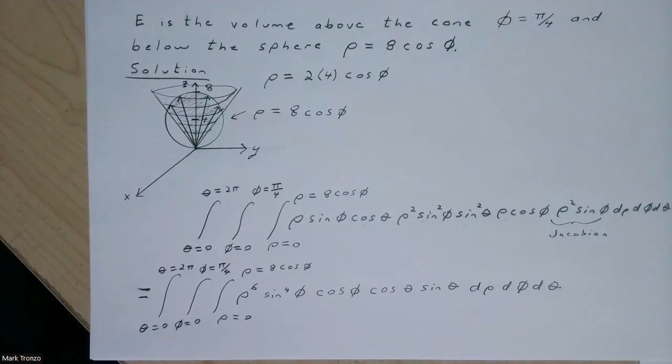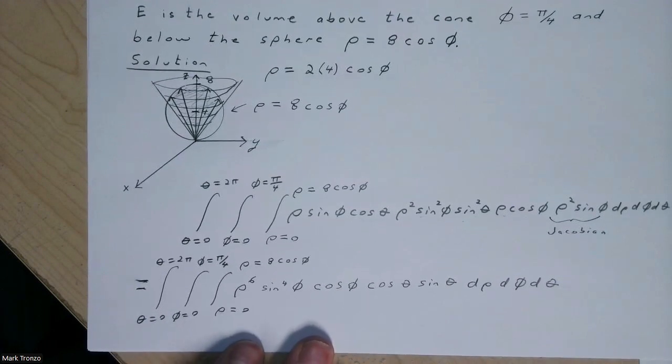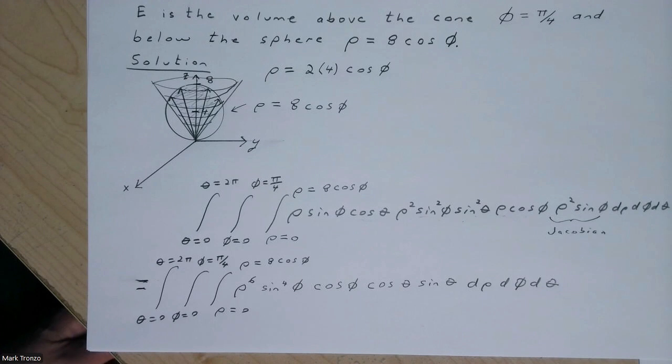And right now we're just focused on setting up the integrals, not going through the mechanics. Though this one would be, I think, a little bit of a challenge. We'll again integrate this with respect to rho, get rho to the seventh over seven. When you substitute here, that's going to give us cos to the seventh.